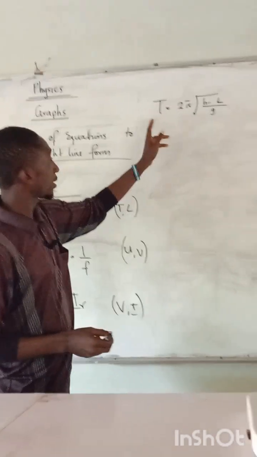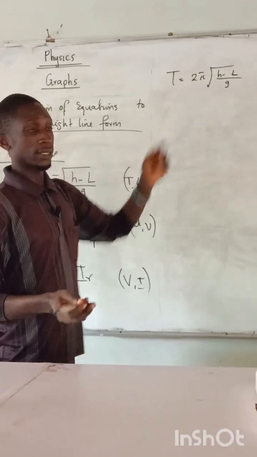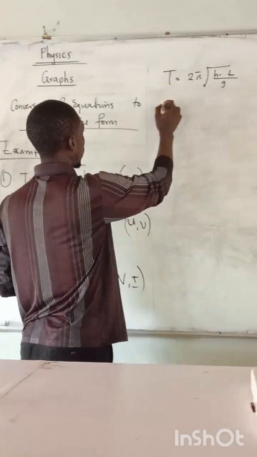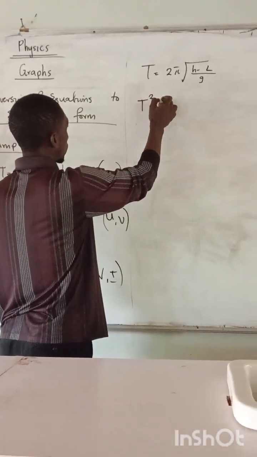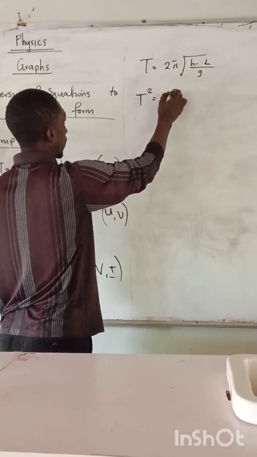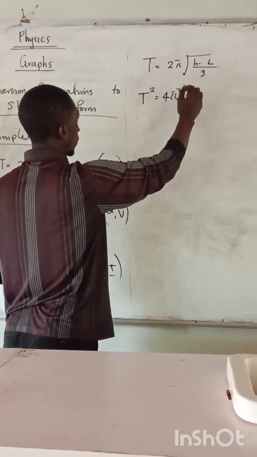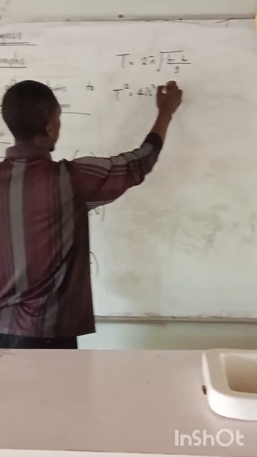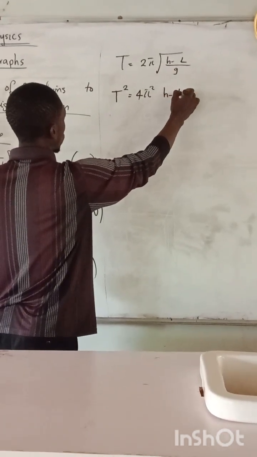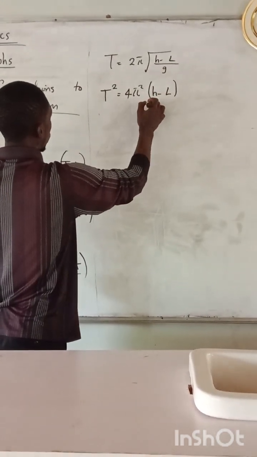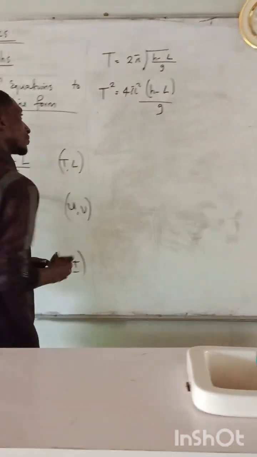We take the square of both sides. That's what mathematics teaches us. So we are going to have T squared is equal to 4 pi squared, so square cancels square root, you now have (h minus L) all upon g.